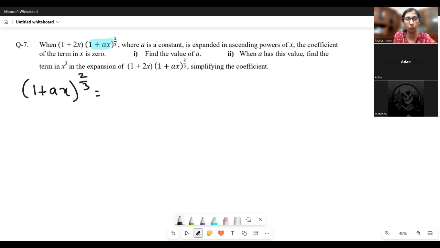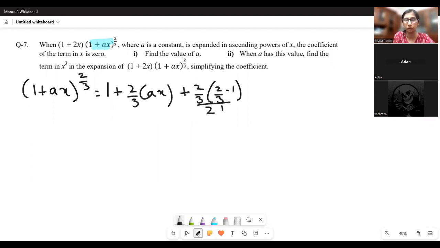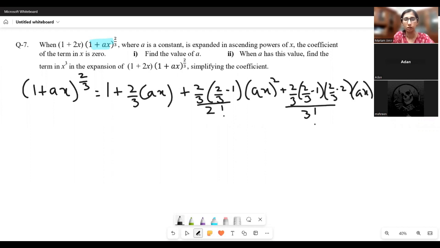From the formula, it will be 1 plus 2/3 of ax, plus 2 by 3 times (2 by 3 minus 1) upon 2 factorial times (ax) whole square, plus 2 by 3 times (2 by 3 minus 1) times (2 by 3 minus 2) upon 3 factorial times (ax) whole cube.